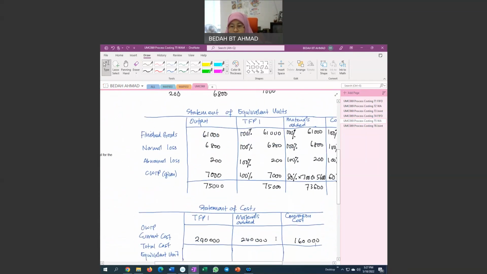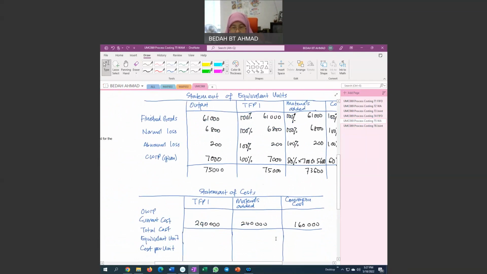So if you are given the breakdown for the opening work in progress, usually we are using the weighted average method. Okay, 28,500 here, 36,000 and 19,778. Okay, so it is unlikely for the first in, first out.